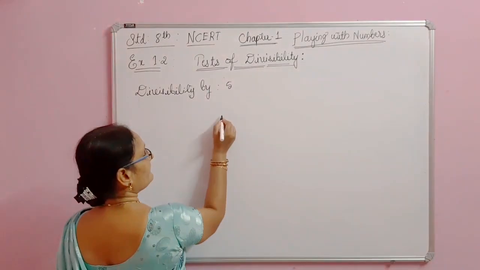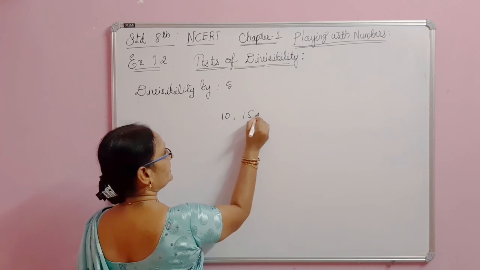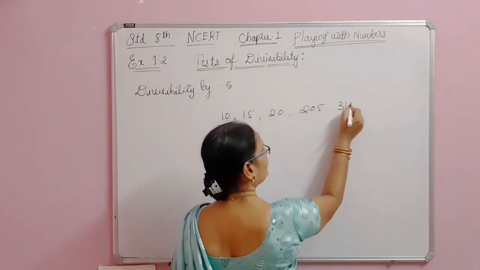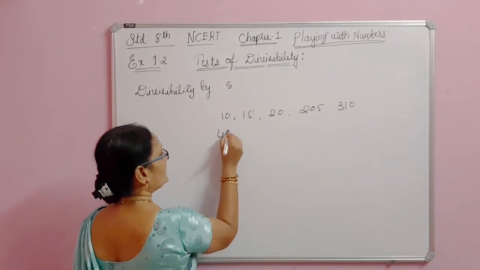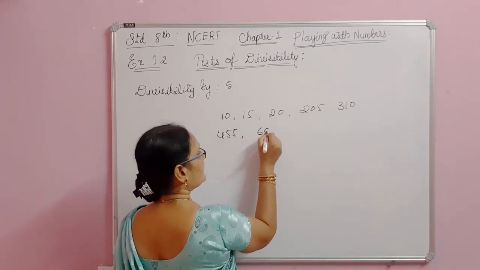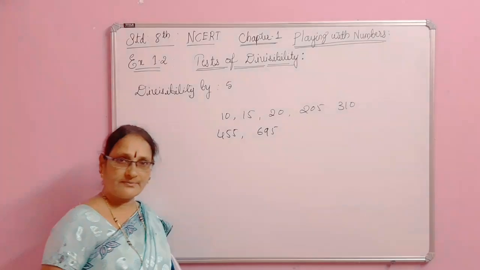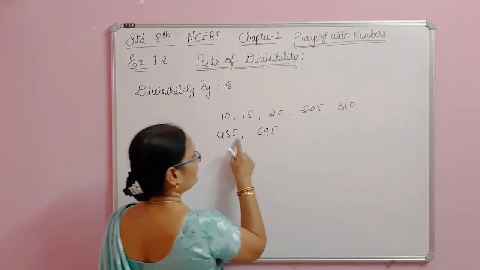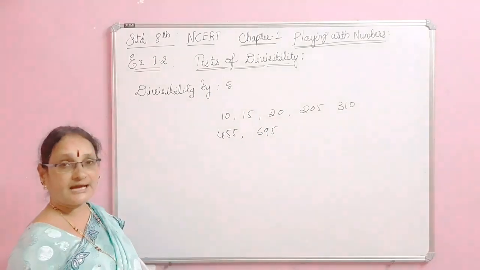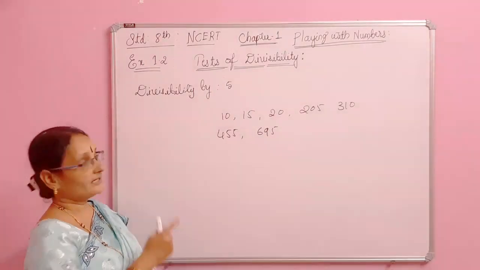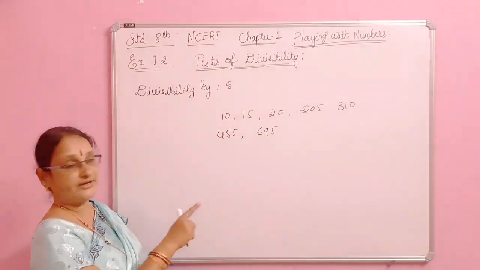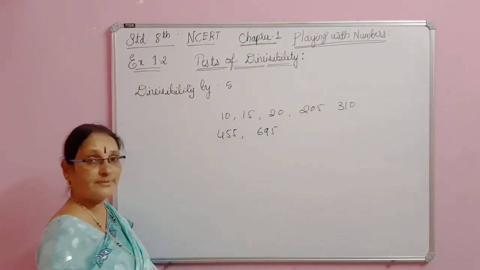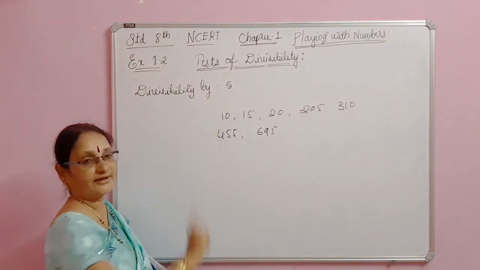Suppose the numbers 10, 15, 20, 205, 310, 455, 695. Observe these numbers: 0, 5, 0, 5, 0, 5, 5. All these numbers have 0 or 5 in their units place. Such numbers are all divisible by 5.